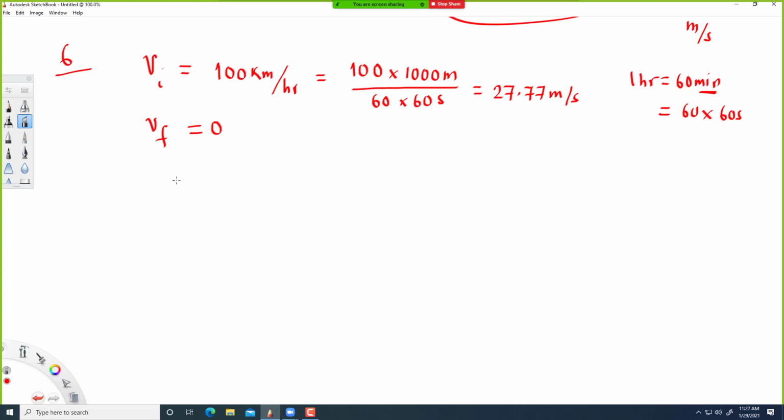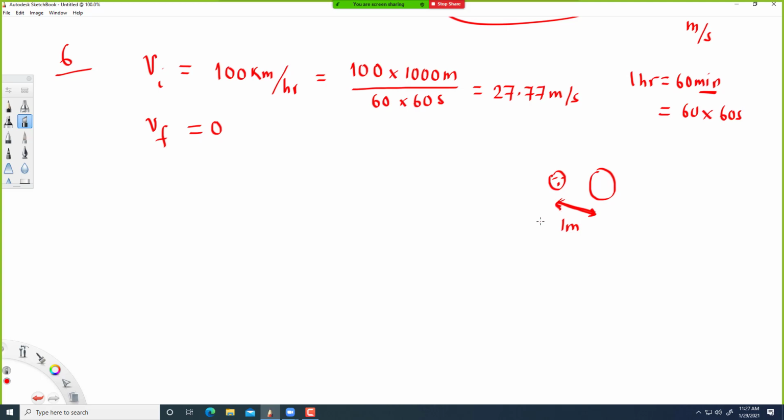And let's say the distance between your head and the steering wheel is, I don't know how long that distance is. Here I estimated that as 1 meter, but it may be less than 1 meter, maybe half a meter. You can use half a meter if you want, but I used 1 meter between the steering wheel and the head. So just before hitting the steering wheel, your head will travel 1 meter.